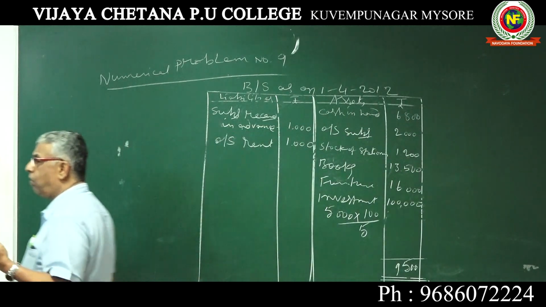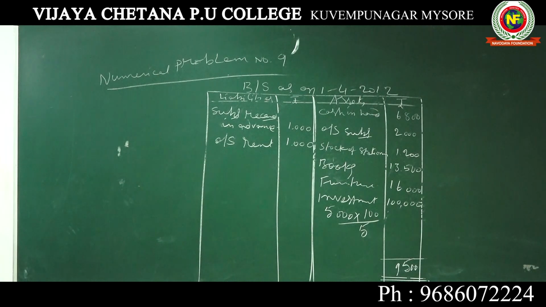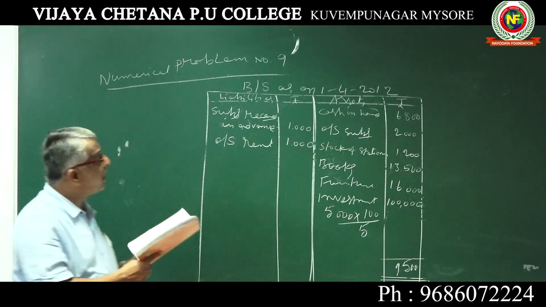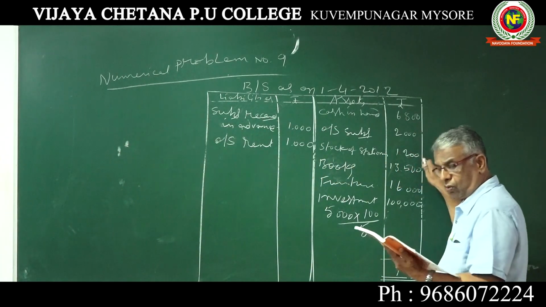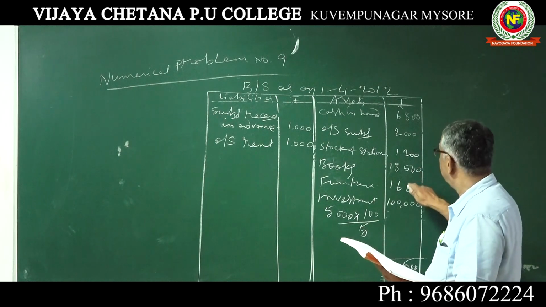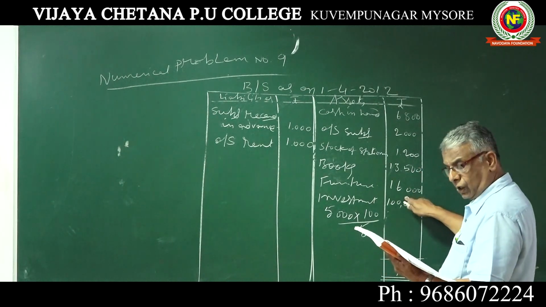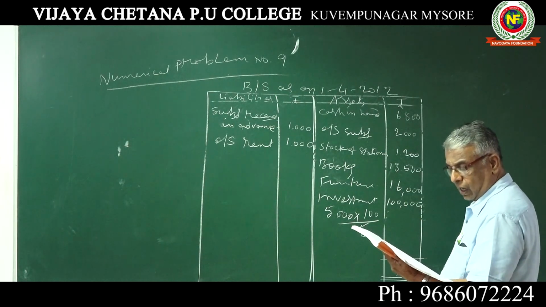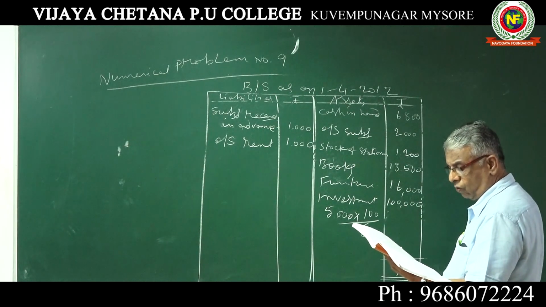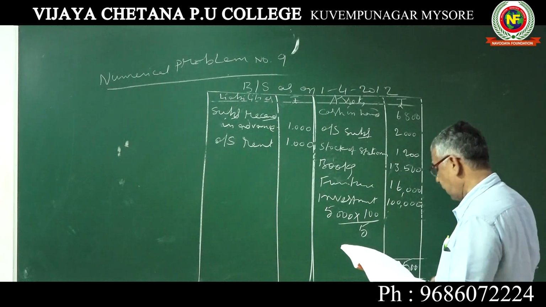Any item we have left here? 6,800 cash in hand we have taken. Outstanding subscription 2,000 we have taken. Stock of stationery 1,200. Books 13,500. Furniture 16,000. And then investment 1 lakh rupees. 1,39,000.